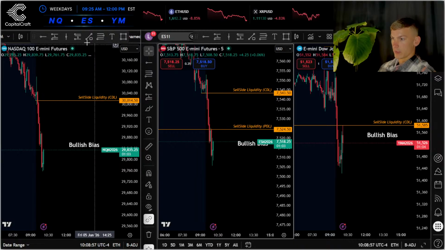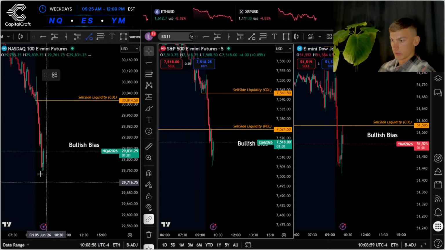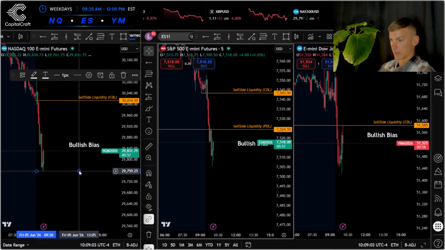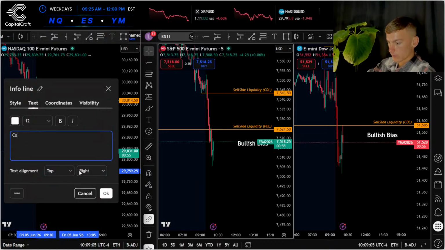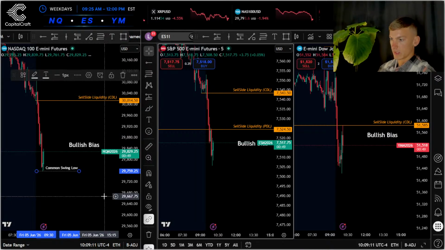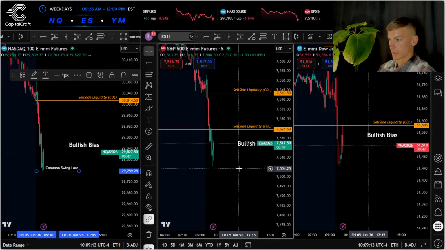Alright, so we have 1 minute left of this particular candle close. Now, what I want to see here is ideally this becomes a common swing point, in which case we will see it get raided on either one of our assets.